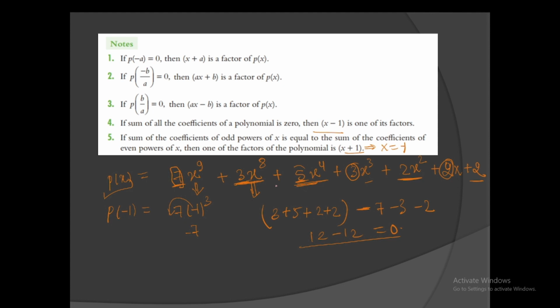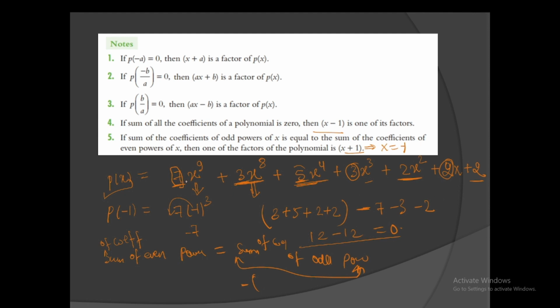At last, what we want is that we need to have remainder equal to 0. So for remainder equal to 0, the sum of coefficients of even powers should be equal to the sum of coefficients of odd powers. For all odd powers, the value of minus 1 will come out of the box and it will be negative, right?